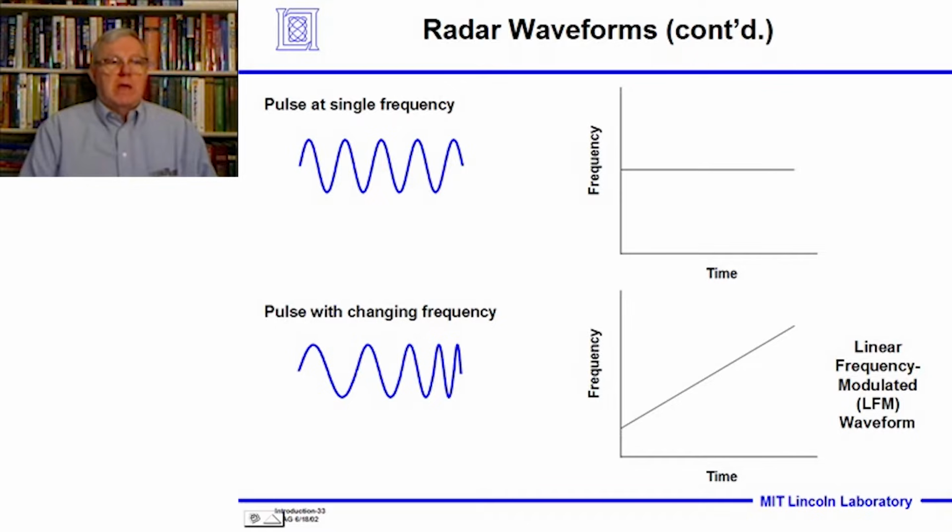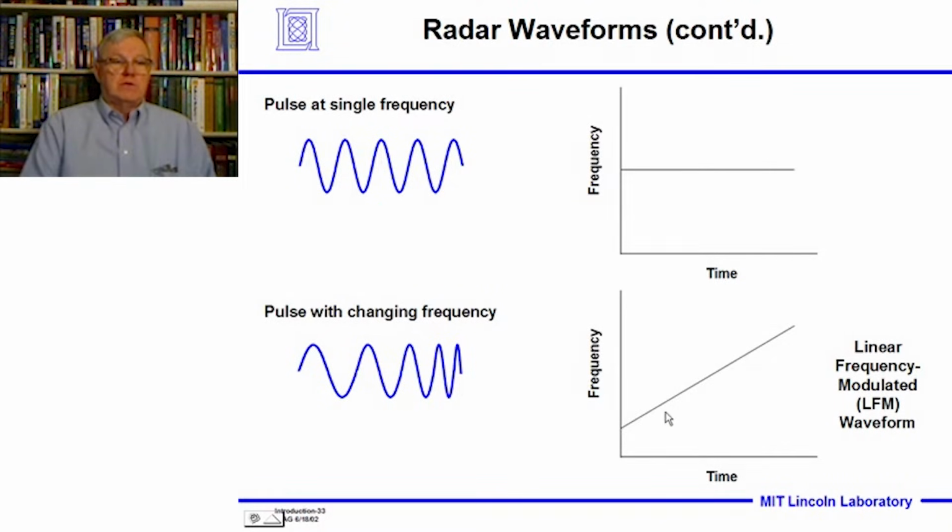And we can do that by either changing the phase or the frequency of the pulse as the pulse is being transmitted. In this particular example, we're changing the frequency of the electromagnetic energy in the pulse as it's being transmitted. We're going from a lower frequency to a higher frequency.